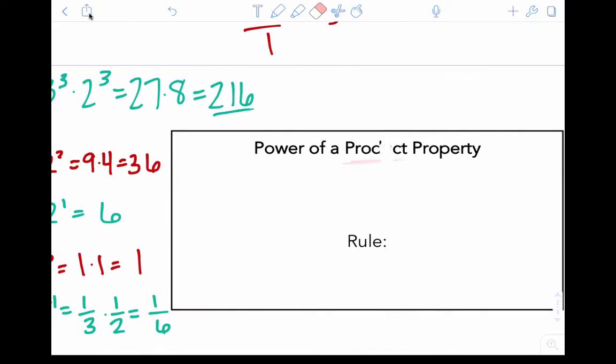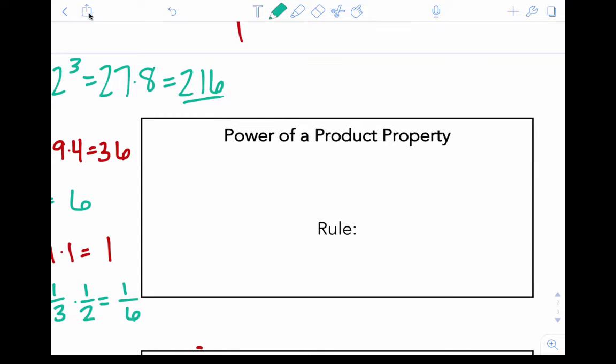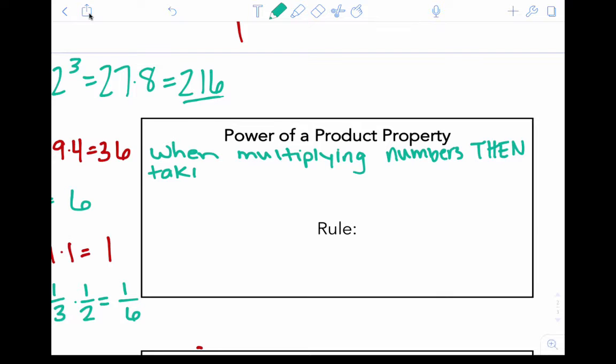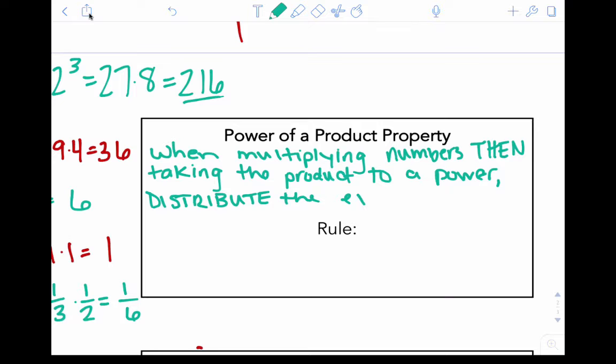So my power of a product property states when multiplying numbers, then taking that product to a power, or to an exponent, you can distribute the exponent to each part of the product.